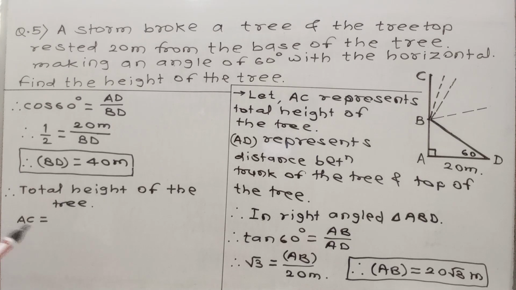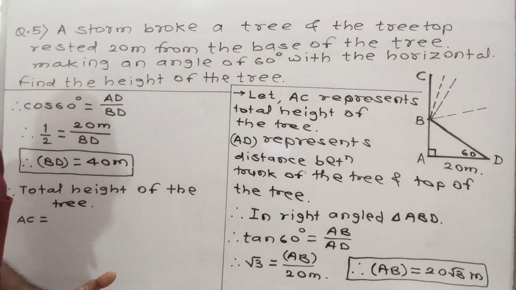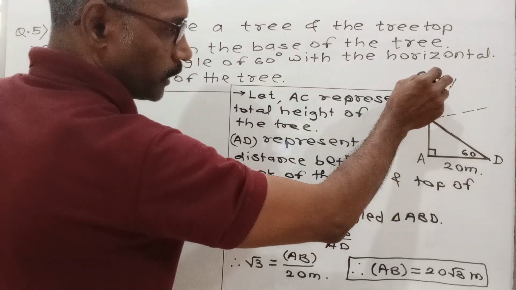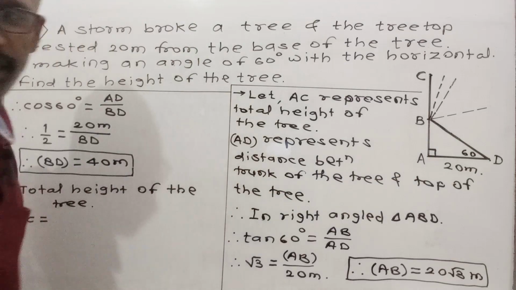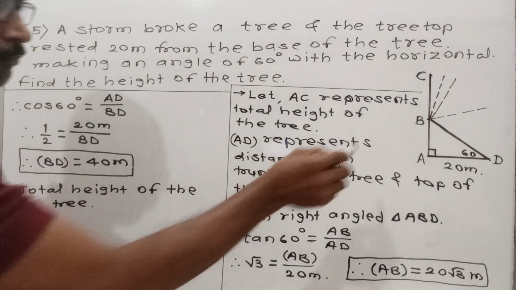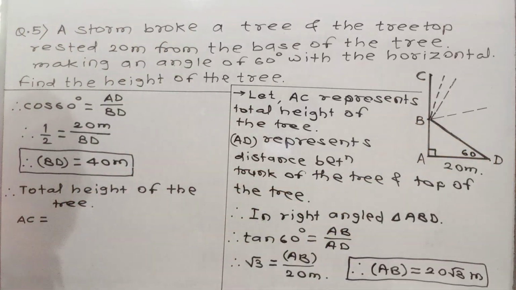Okay, AC is the total height of the tree. When this tree top touches the ground, then instead of C, I have written there D. Did you get it? So we write AC is equal to AB plus BD.